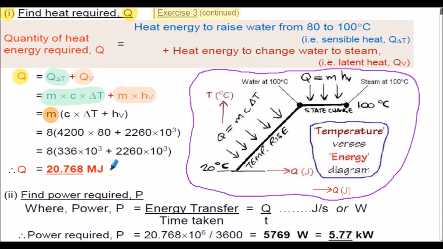I'll let you undertake the calculations, but the quantity of heat energy required is 20.768 megajoules, and we can calculate the power required P from the equation Q divided by T. So inserting the values, the power required is approximately 5.77 kilowatts.